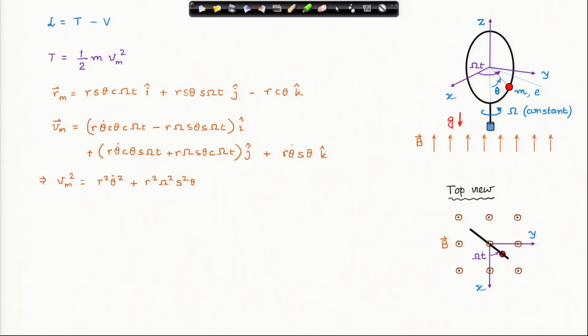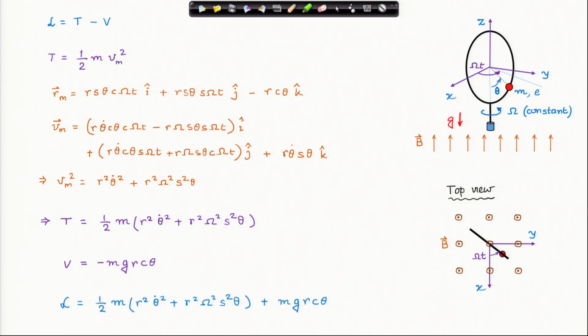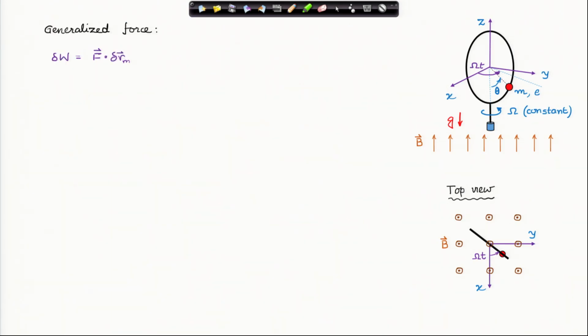And finally, we had calculated this before, the velocity square of the bead, and the kinetic energy is half times mass times velocity square, and the potential energy is minus m g r cosine theta, where the datum is the xy plane. Remember that this xyz coordinate system is not rotating with the hoop, it is a fixed thing. Therefore, this is the Lagrangian.